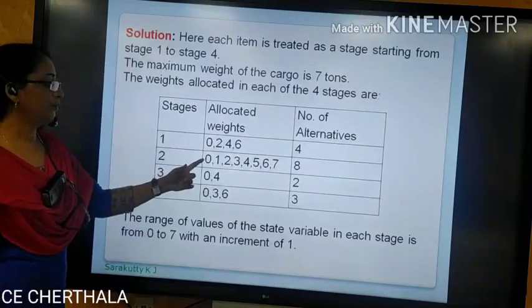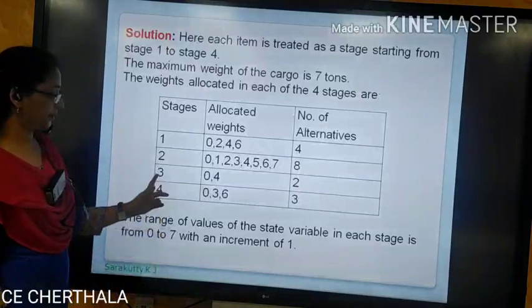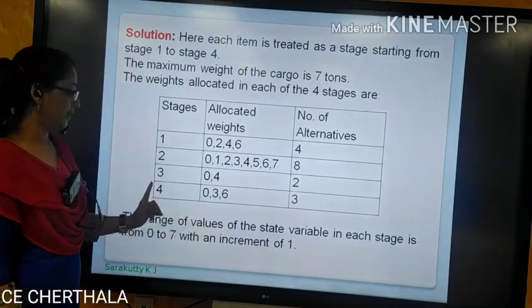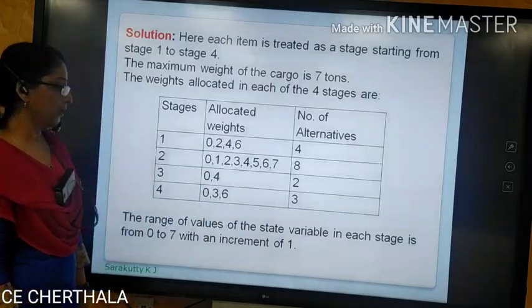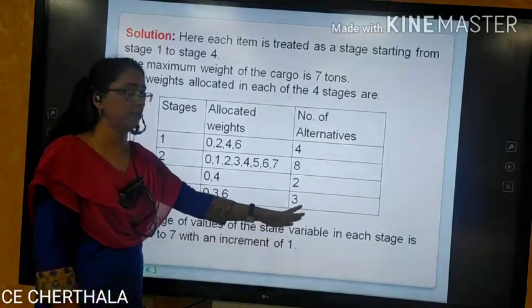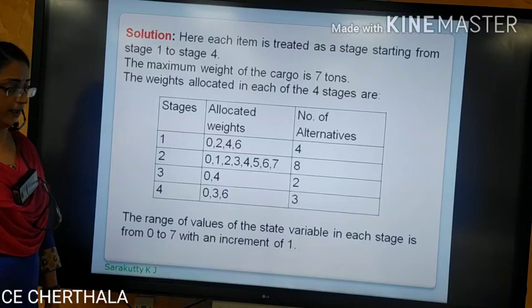Item number 2, we have 8 alternatives, item number 3, we have only 2 alternatives, and item number 4, we have 3 alternatives. Now, the range of values of the state variables in each stage is from 0 to 7 with an increment of 1.